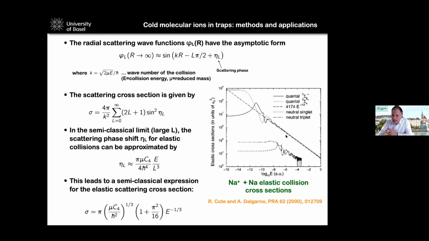So especially in the regime that we will be working in, that is millikelvins and above, typically for ion neutral interactions, we are still in the semi-classical limit with many partial waves.